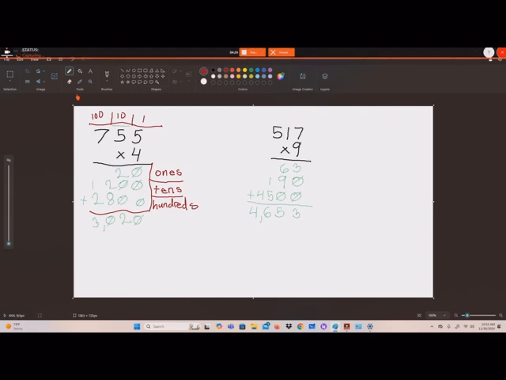If you do it the algorithm way, or the regular way, or the faster, shorter way, I guess, you don't really have to say 1 tenth or 500. So you just go 9 times 7, 63. Don't forget to regroup. 9 times 1, 9 plus 6, 15. Don't forget. 9 times 5, 45 plus 1, 46.